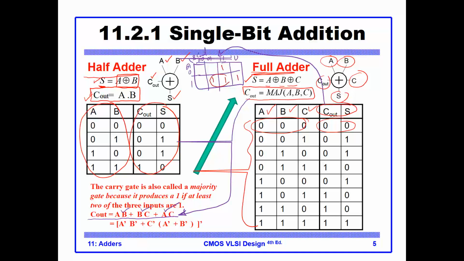So you can minimize to three terms using the K-map, which are right here. These are the three terms from the K-map.